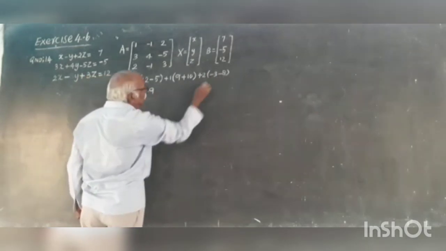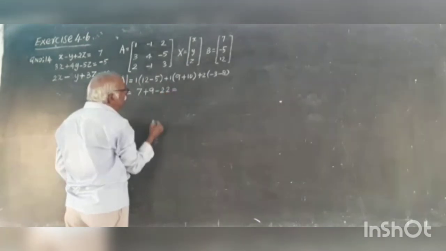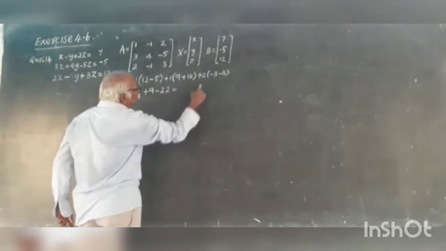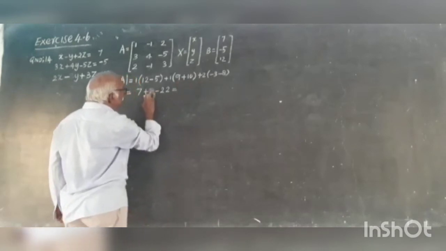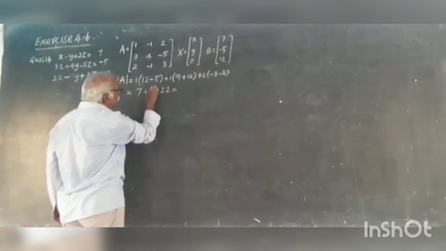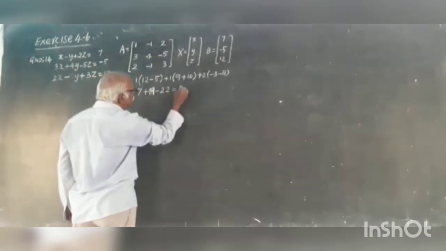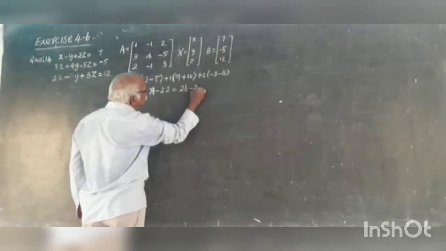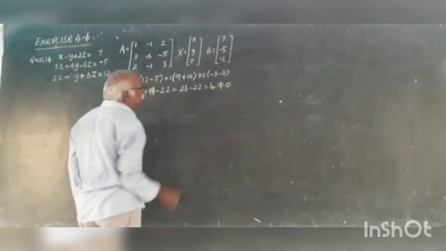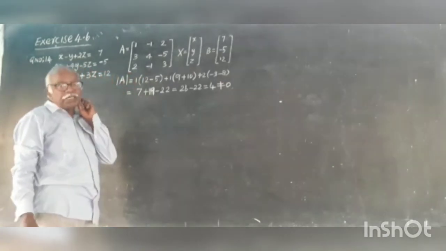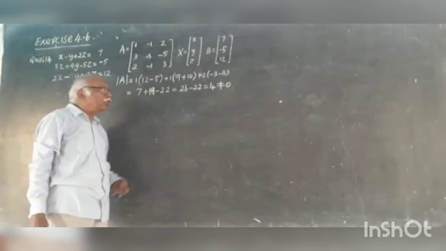Minus 11, minus 22. 12 minus 22. 9 plus 10, 19. 7 plus 19, 26. 26 minus 22, 4, not equal to 0. Therefore, it is a non-singular matrix. A inverse exists. This system has only a unique solution.